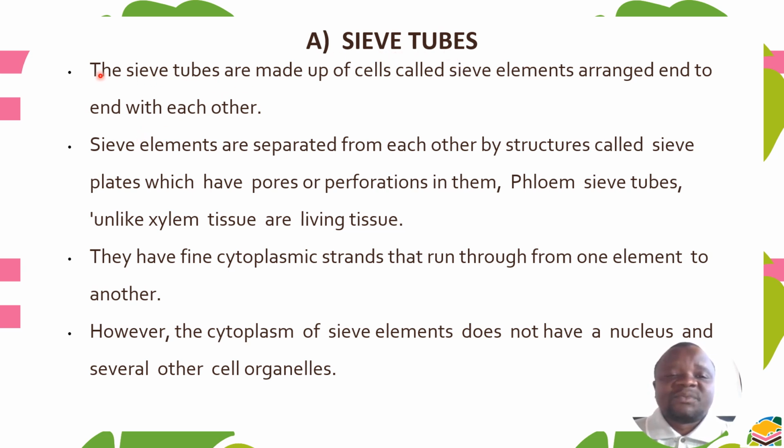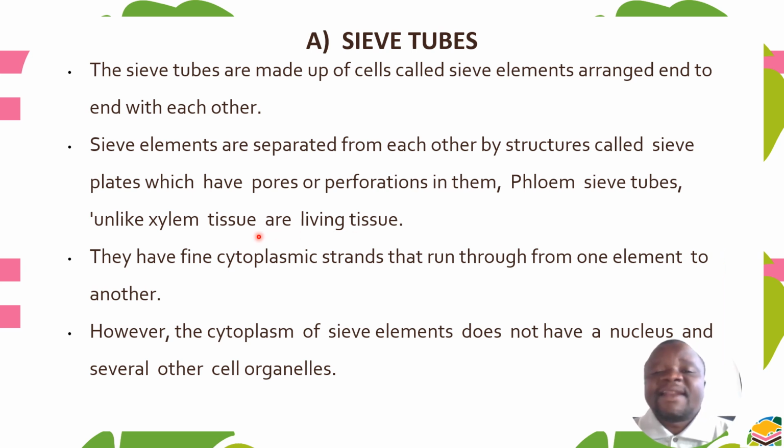We have the sieve tubes. The sieve tubes are made up of cells which we call sieve elements, which are arranged end to end with each other. Now the sieve elements are separated from each other by the sieve plates, which have pores or perforations in them. Sieve tubes, unlike xylem tissue, are living tissue.